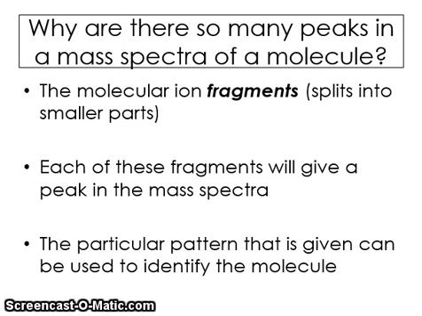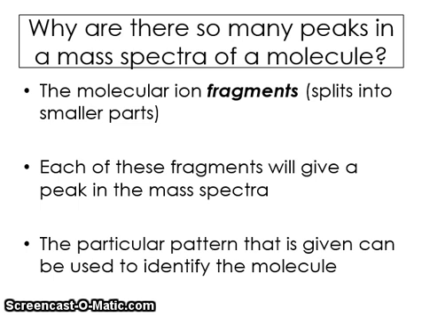So one of the questions to think about is, why are there so many peaks in the mass spectra of a molecule? And this is because the molecular ion is what forms first of all. So when your molecule goes into your mass spec, and you think of all the things that happen to it that we know from our atomic structure unit, you end up with the molecular ion, which is just a molecule having lost an electron, so it's got a positive charge.